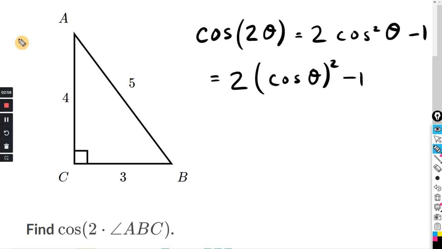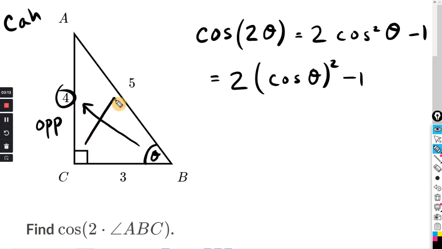And remember SOHCAHTOA. For the cosine, it's adjacent over hypotenuse. This was the angle theta. If you go across from theta, that's your opposite. If you go across from the right angle, that's your hypotenuse, and the remaining side is adjacent.